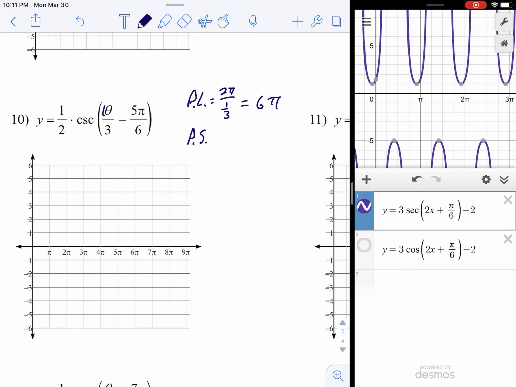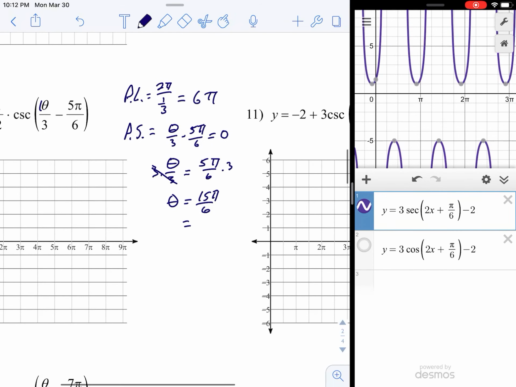Phase shift. Phase shift, you take theta over 3 minus 5 pi over 6, set it equal to 0. Theta over 3 is going to equal positive 5 pi over 6. Multiply both sides by 3. That's 15 pi over 6. 15 over 6 reduces by 3, so that's 5 pi over 2.